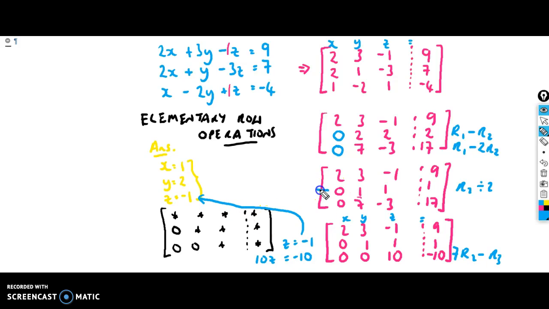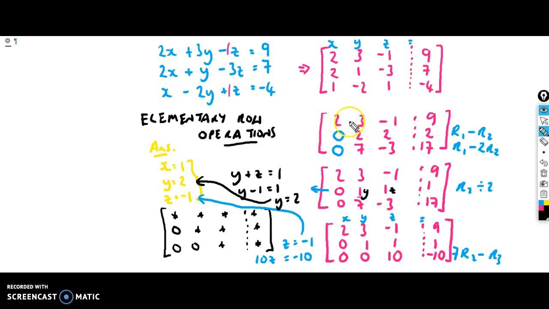Now we're going to take the second line up. Let's change the colour. This is saying that y and z equals 1. So 1y plus z equals 1. I already know z is minus 1, so y take 1 equals 1, so y must equal 2. Fantastic, that's what it was.